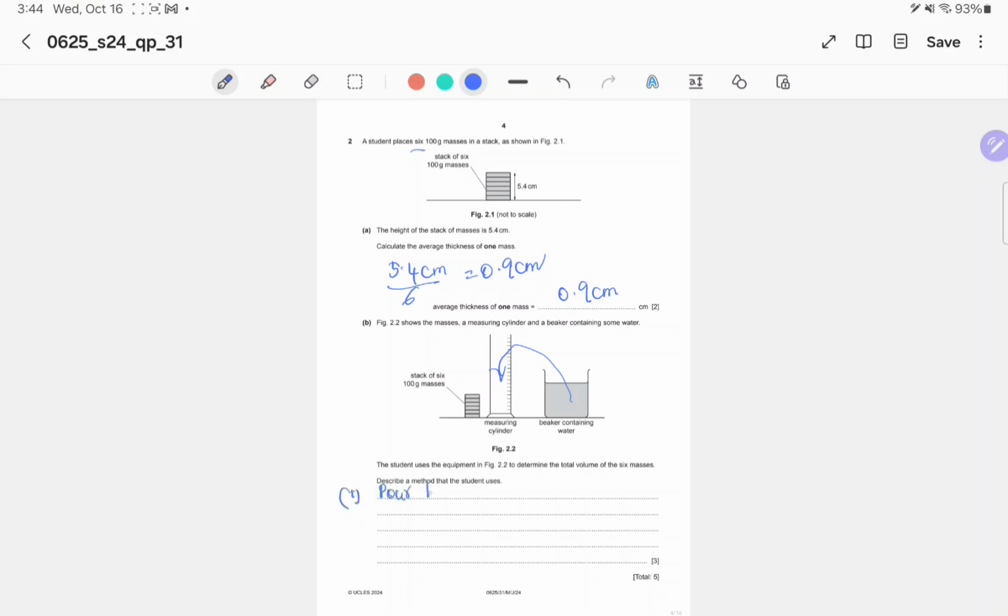So pour water into the measuring cylinder. Measure the height, I write it as h1. Second, place the stack inside the water in the measuring cylinder.